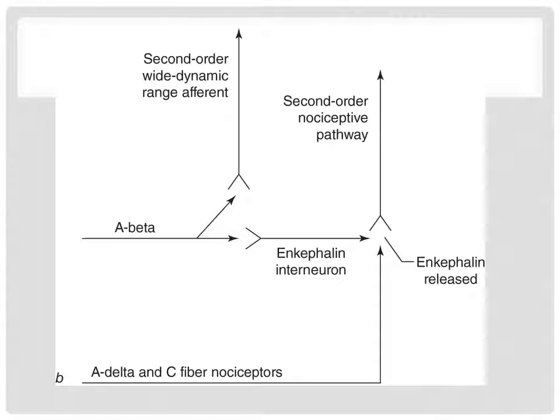So essentially what we've discovered is that in addition to this gating mechanism, which we're obviously still showing happens, we have this enkephalin interneuron that also helps to block the pain signal. So basically what this does is it prevents pain signals coming in from the primary afferent, for instance, an A delta fiber.